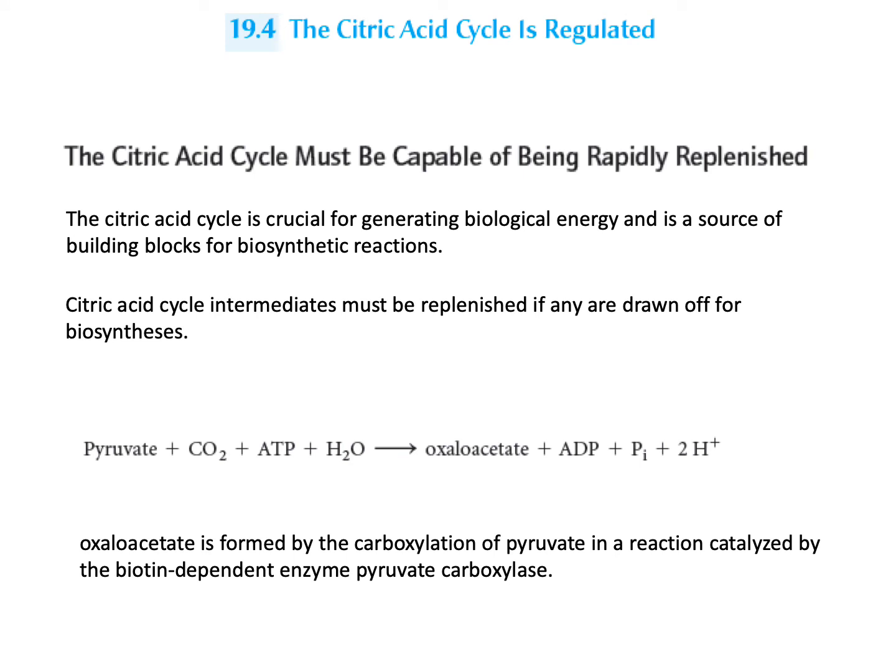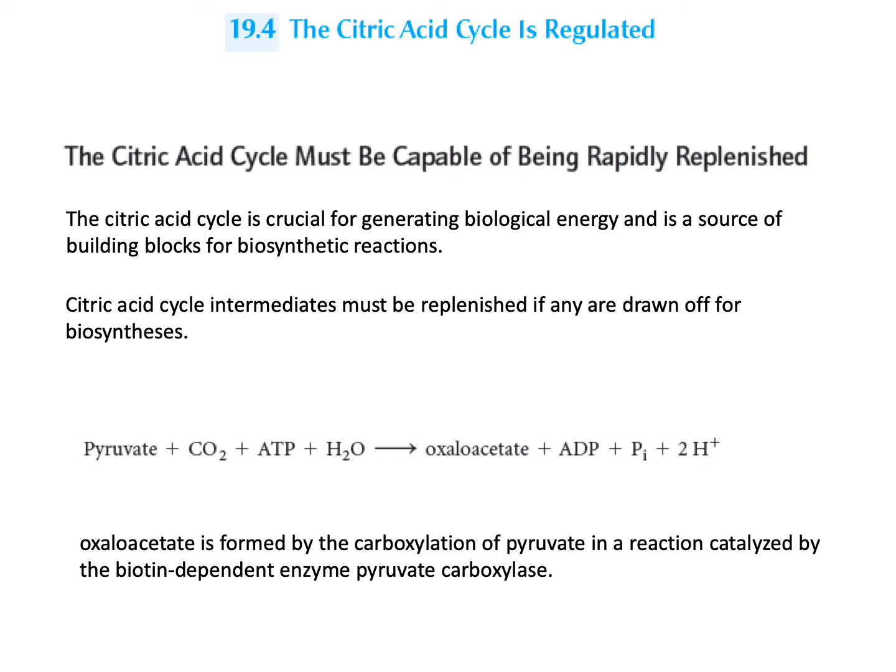The citric acid cycle must be capable of being rapidly replenished. The cycle is crucial for generating biological energy and is also a source of building blocks for biosynthesis. Therefore, it must be replenished if any intermediates are drawn off for biosynthesis.